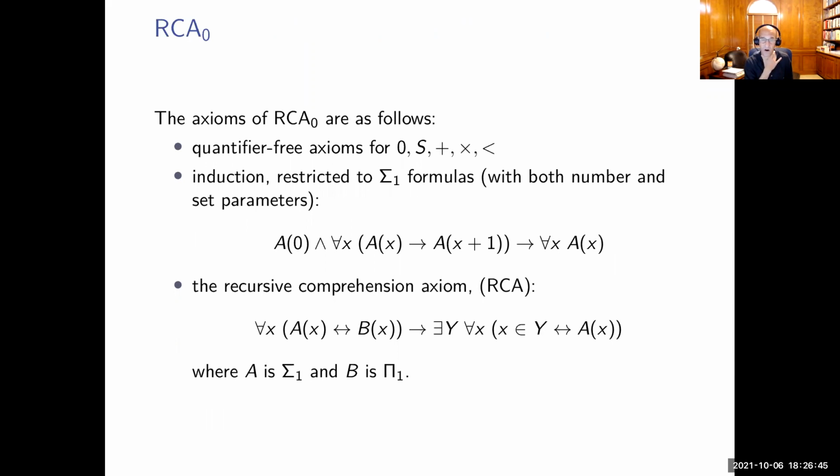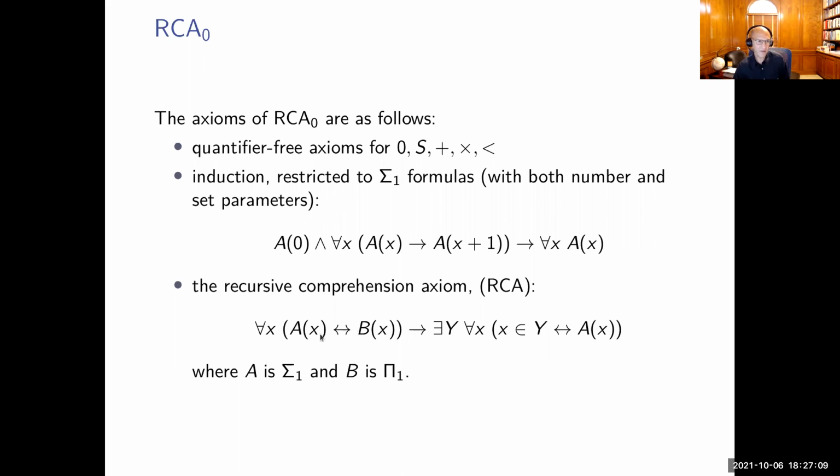So the axioms of RCA naught are just the quantifier-free axioms for 0, successor, plus, times, and less than. Induction for sigma 1 formulas, where you're allowed to have set variables now. So it's like I sigma 1, extended to the bigger language. But what you do is you weaken the comprehension principle to one that says roughly that computable sets exist.